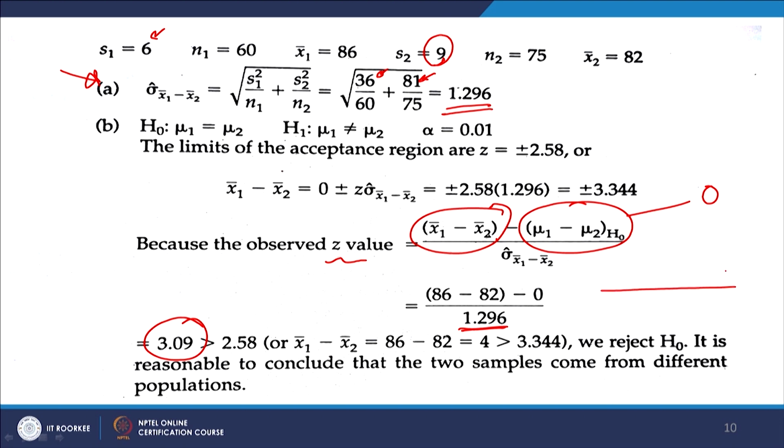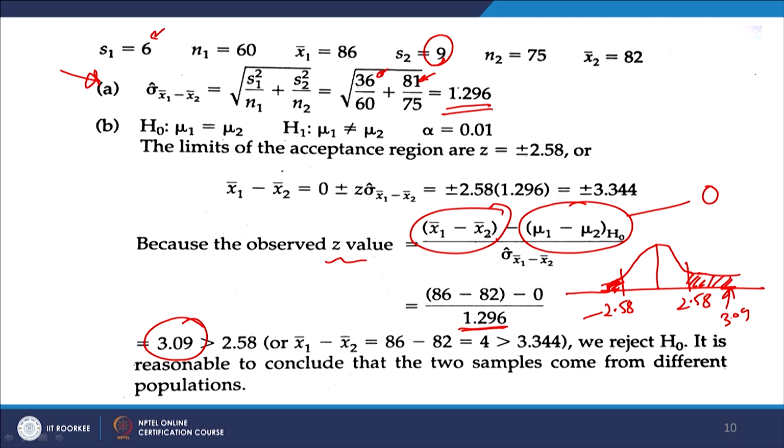If you draw a distribution for this particular example, you have got these two rejection regions. This is also rejection region, and this is minus 2.58 and plus 2.58, and your calculated z value is what? It is 3.09, which means somewhere on this side. So, what will you do?